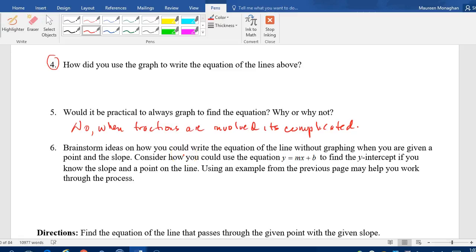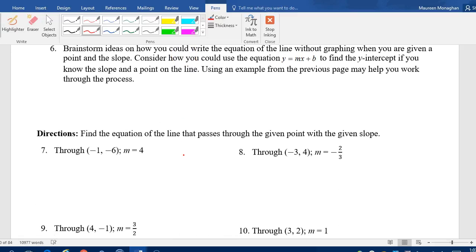So what I'm going to do is show you another method that you can use instead. You're going to use the equation y equals mx plus b. And this is how that works. So if we have through negative 1, negative 6, those are my x and y, and this is the slope, obviously. Well, think of that equation, and we're going to substitute.